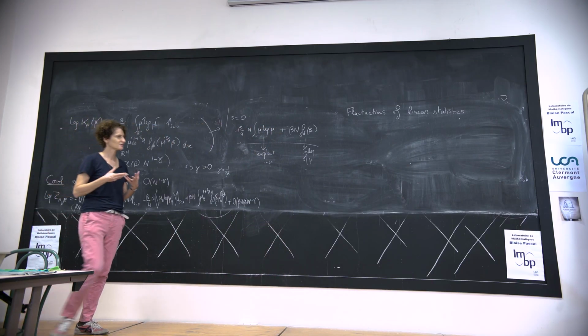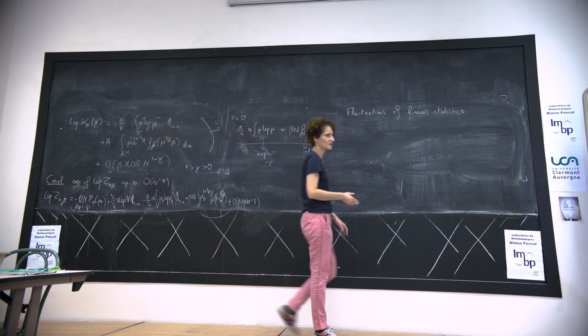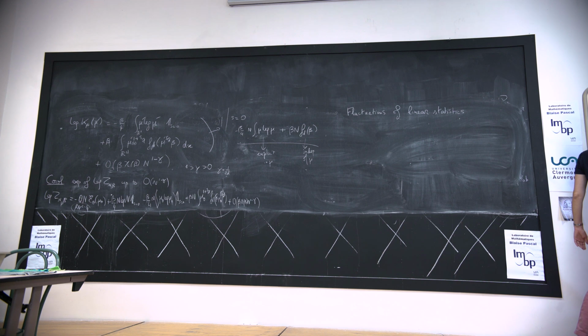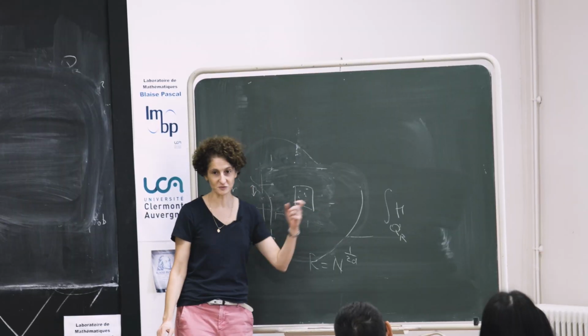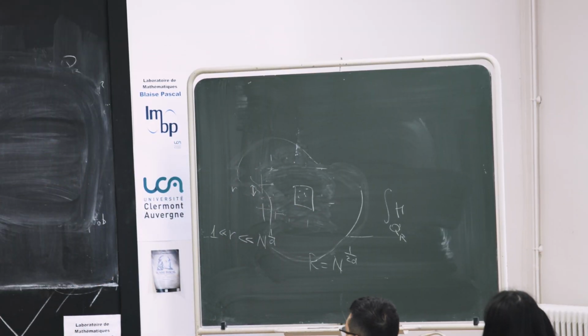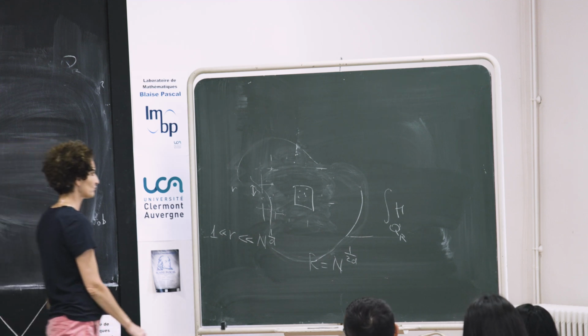We've seen that the Coulomb gas is somehow quite rigid in the sense that if you look at a box here and you ask how many points are in that box, the number of points is going to be very close to the integral of mu in that box. And the difference between the two is actually much smaller than what you would have for a Poisson point process. So there is much less fluctuation, or much less variance in the number of points than a Poisson point process.